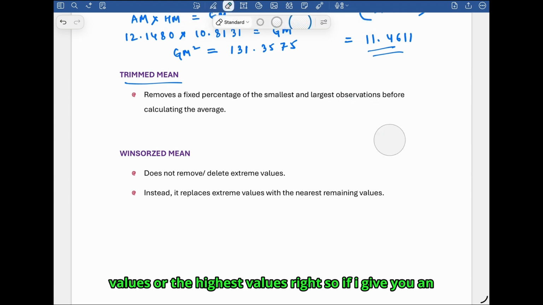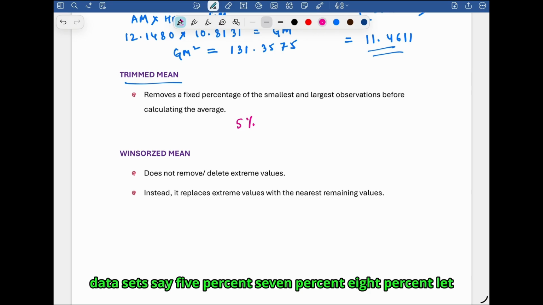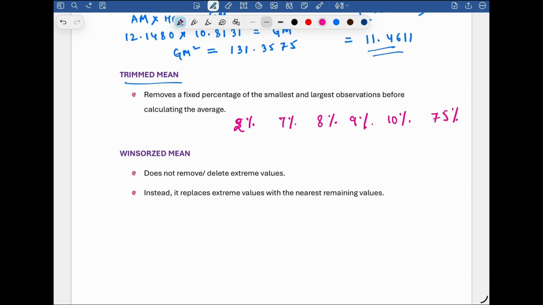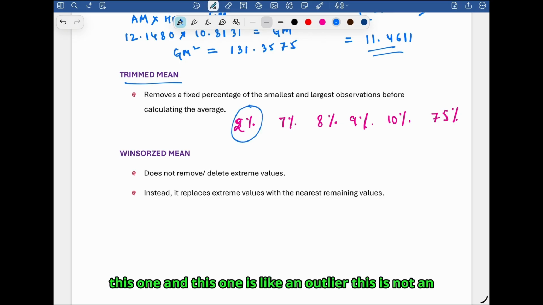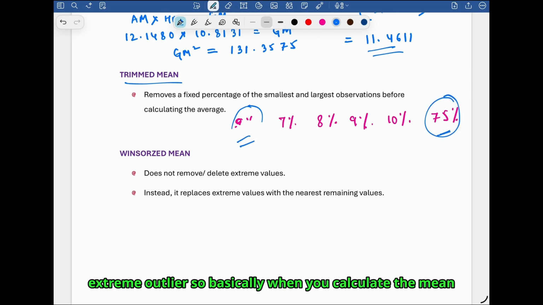So if I give you an example, if this is the data set, say 5%, 7%, 8%, let me write this as 2%, then 9%, then 10%, another one is 75%. So you can see that this one and this one is like an outlier. This is not an extreme outlier, but this one is an extreme outlier.